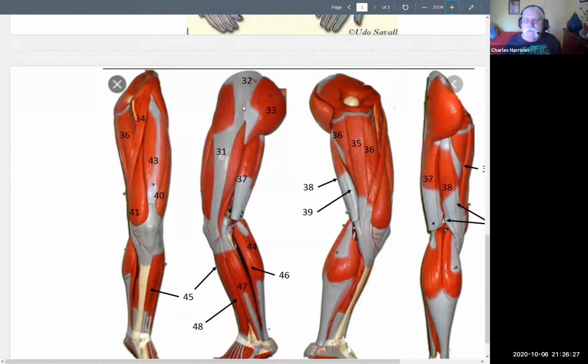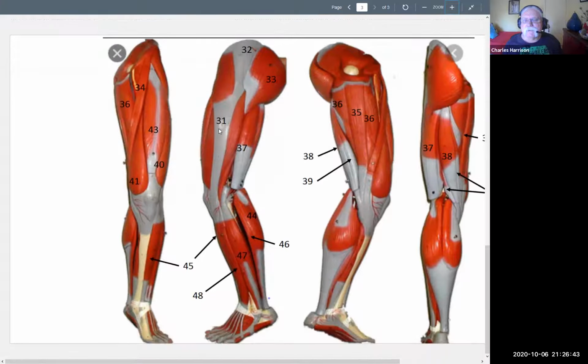Okay. Looking at it from the side, we have covered up by fascia the gluteus medius. Here's the good old gluteus maximus. 31 can either be called the IT band or the tensor fascia lata. I think IT band is quite good enough. Now coming down, here's the biceps femoris.